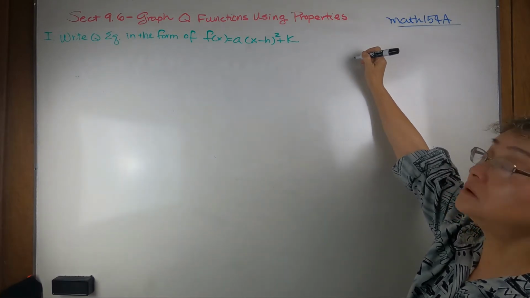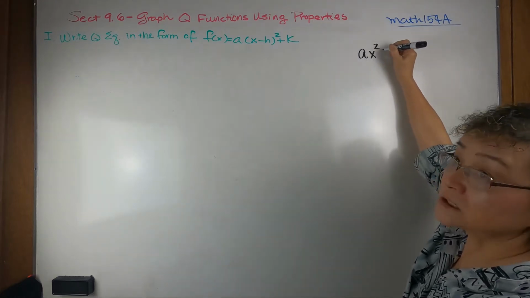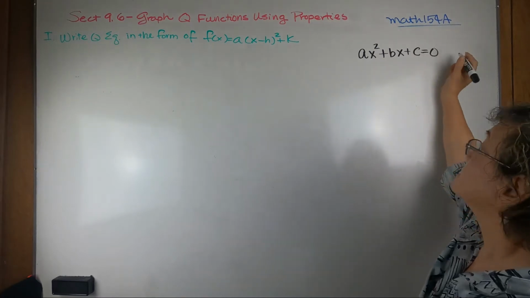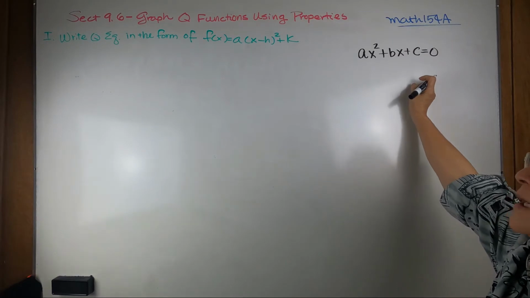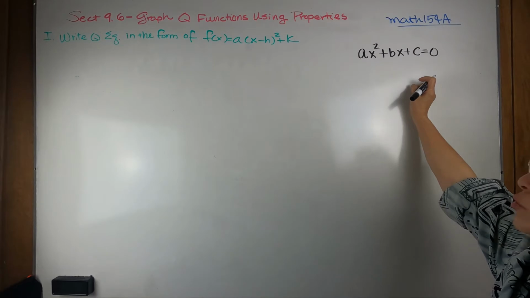Then the standard form of the second degree is ax squared plus bx plus c equals 0, right? Then a quadratic function is a function from x to y.